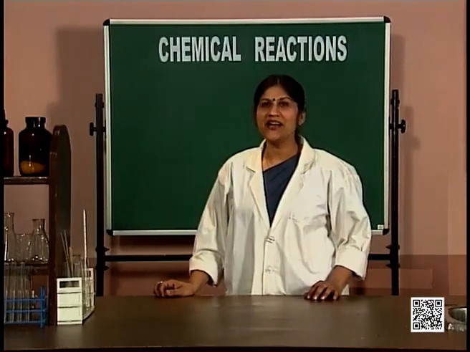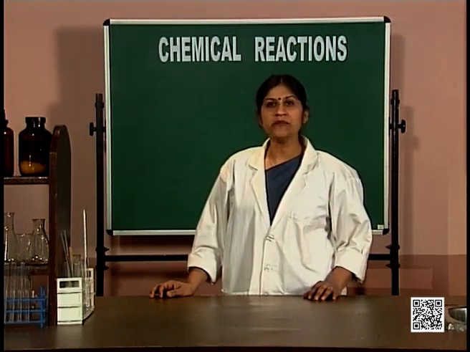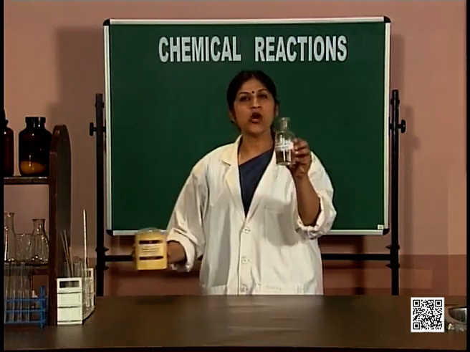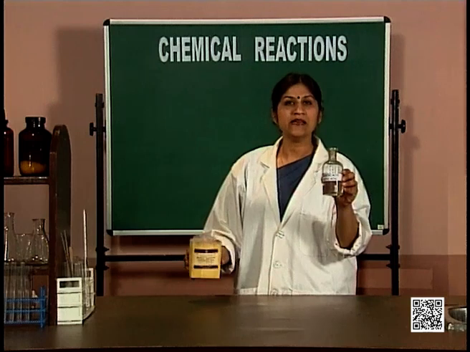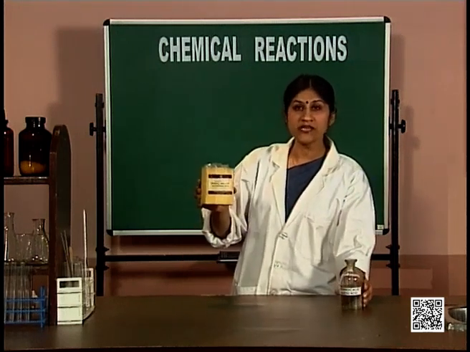Let us observe a reaction between ethanoic acid and sodium carbonate now. Ethanoic acid is commonly used as vinegar at home, also known as acetic acid, and sodium carbonate is used as washing soda.